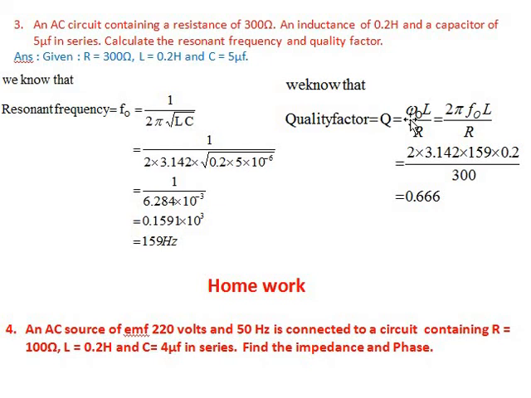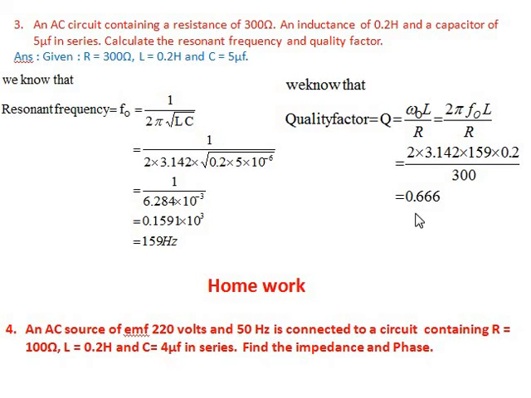Q is equal to omega naught L divided by R. Omega we already know is 2 pi f, so it is 2 pi F naught into L divided by R. Therefore substitute 2 into 3.142 into F naught, we just found 159, and L, the inductance value, 0.2 Henry, divided by R. R is given as 300 ohms.